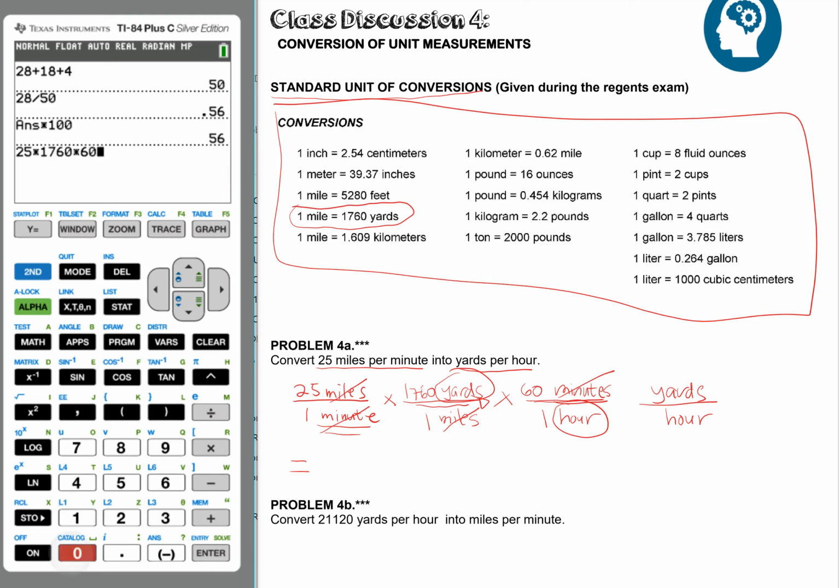That should be equal to 2,640,000 yards per hour. So this would be the equivalent for 25 miles per minute into yards per hour.